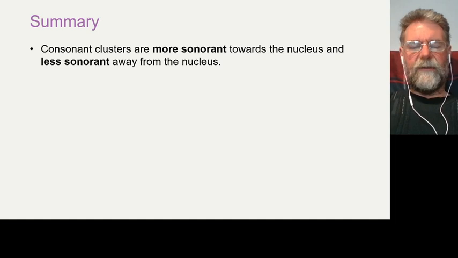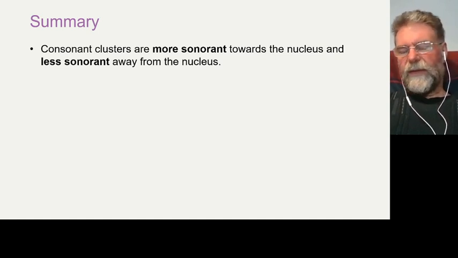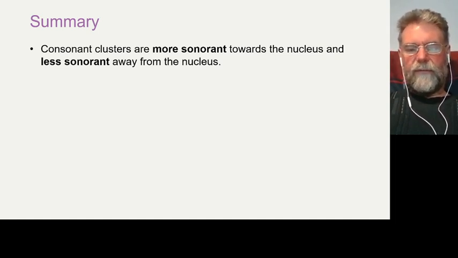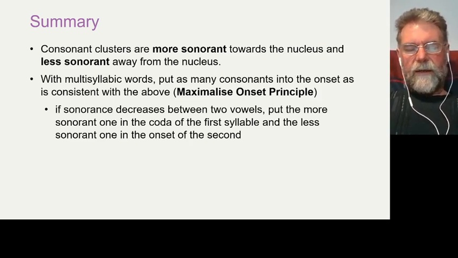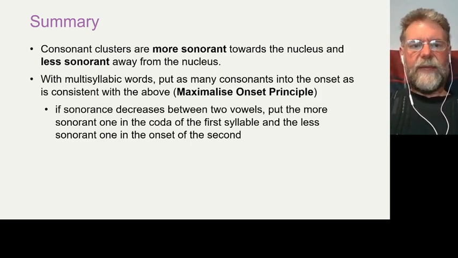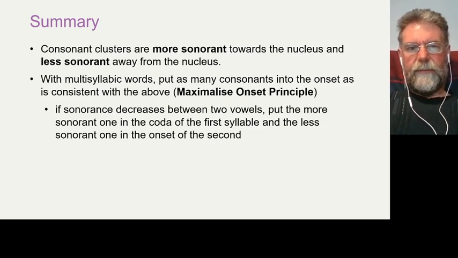There are obviously other restrictions too, to do with voicing and place, contrasts and assimilations. With multi-syllabic words, the idea is that we put as many consonants into the onset as we can, which is consistent with the principle above about being more sonorous towards the nucleus and less sonorous away from the nucleus. This is called the maximize onset principle.